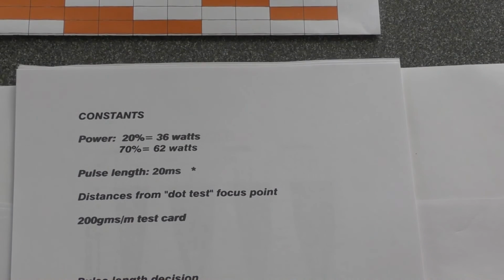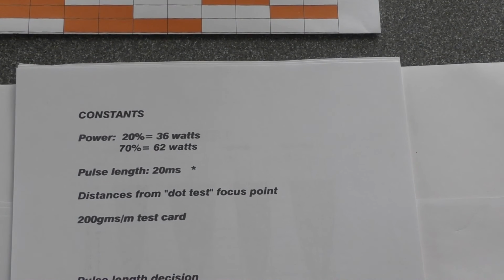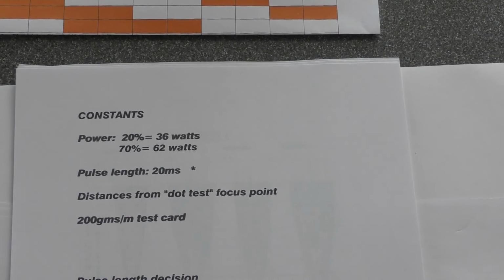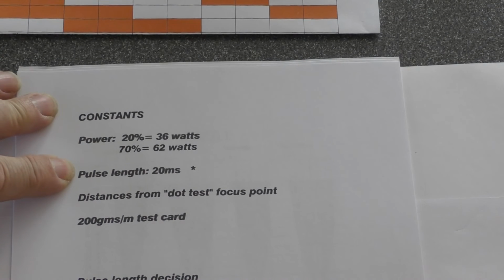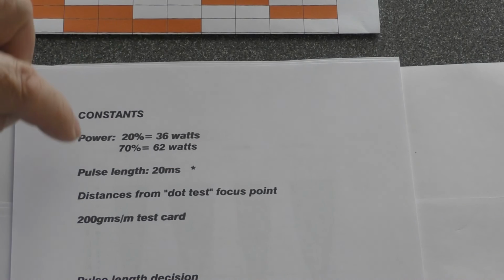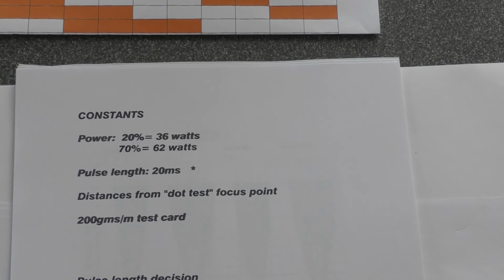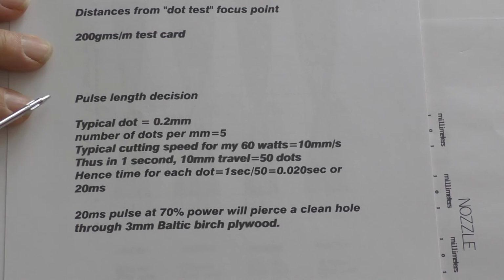Okay, let's close this session by just finishing off a few loose ends. We started off by talking about this thing called pulse length, which I set to 20 milliseconds. And I said I'd come back and explain why I chose a 20 millisecond pulse length. I know that I can drive a 20 millisecond pulse.